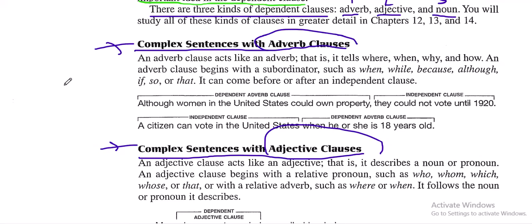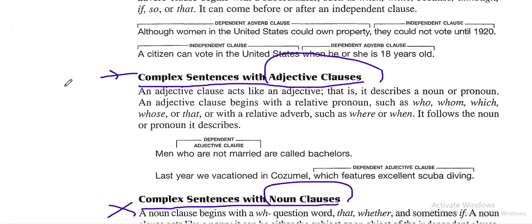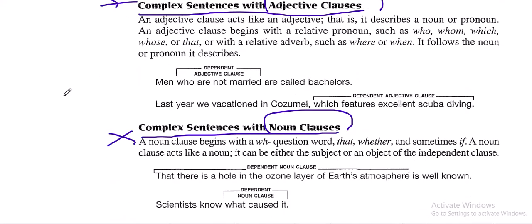We should understand the three types of dependent clauses, which are adverb, adjective, and noun clauses. So now I'll turn pages in order to explain these three types of dependent clauses.